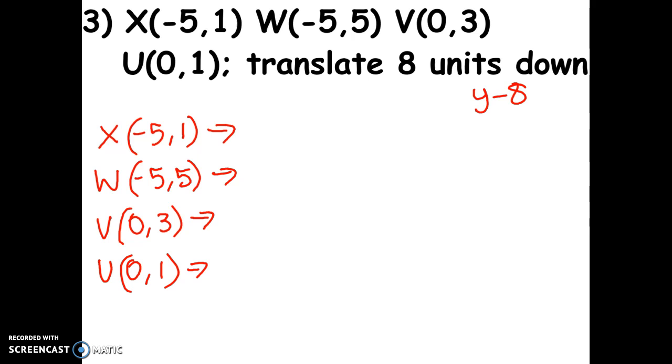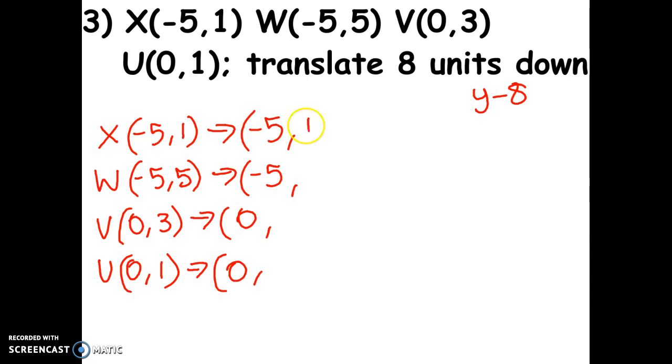All right, so the x values stay the same, so we're just going to bring those over. 1 minus 8, 5 minus 8, 3 minus 8, 1 minus 8.